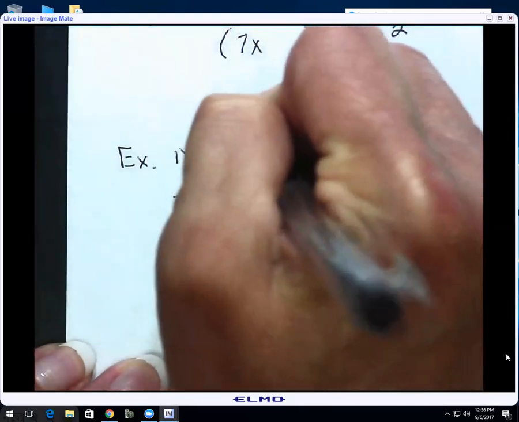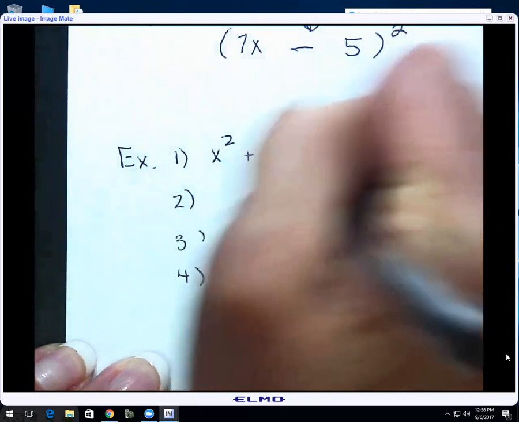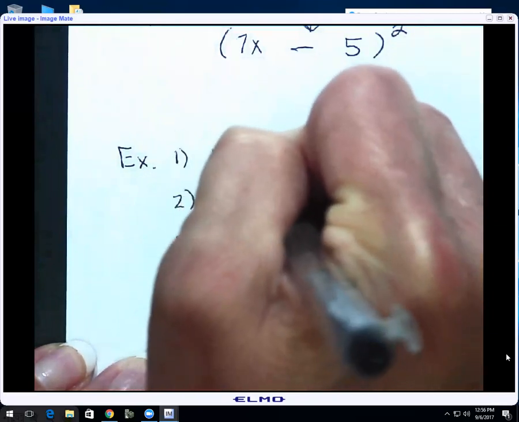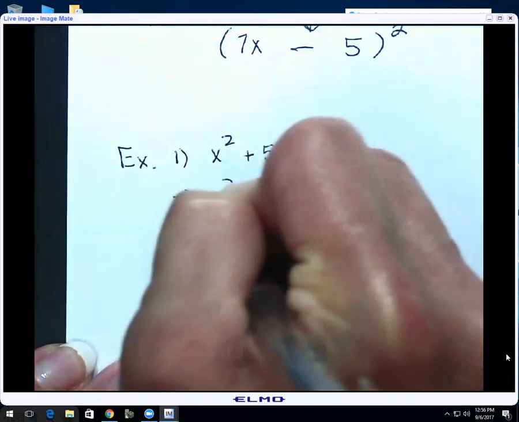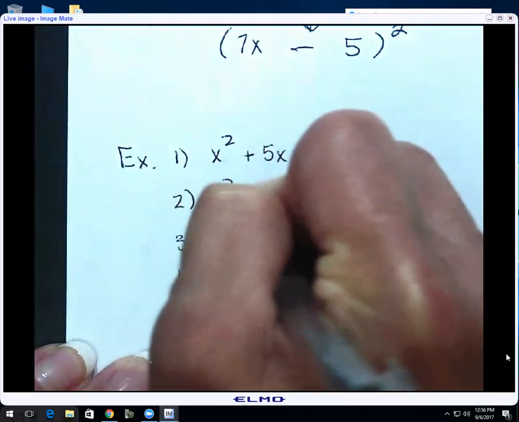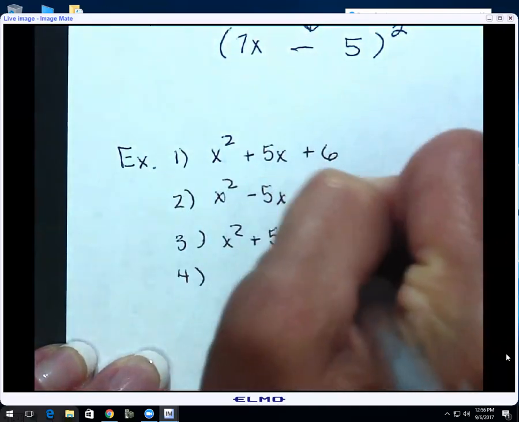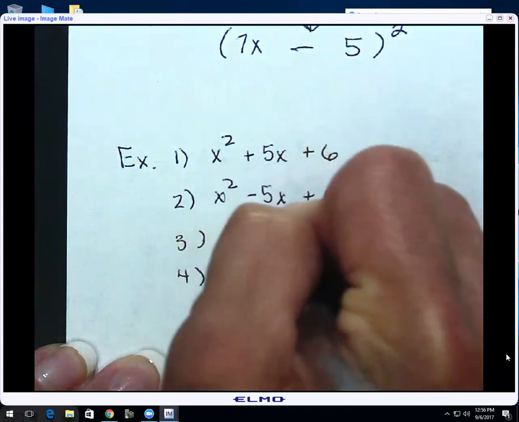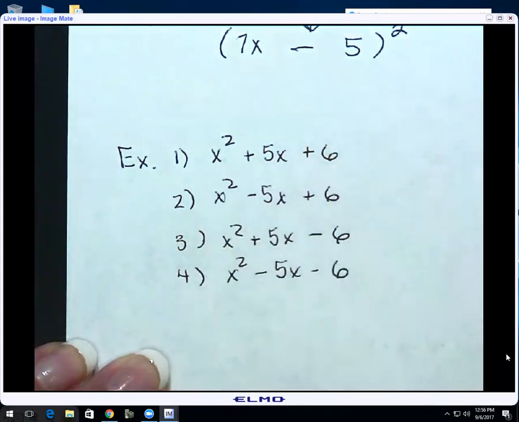X squared plus 5x plus 6, x squared minus 5x plus 6, x squared plus 5x minus 6, and x squared minus 5x minus 6.